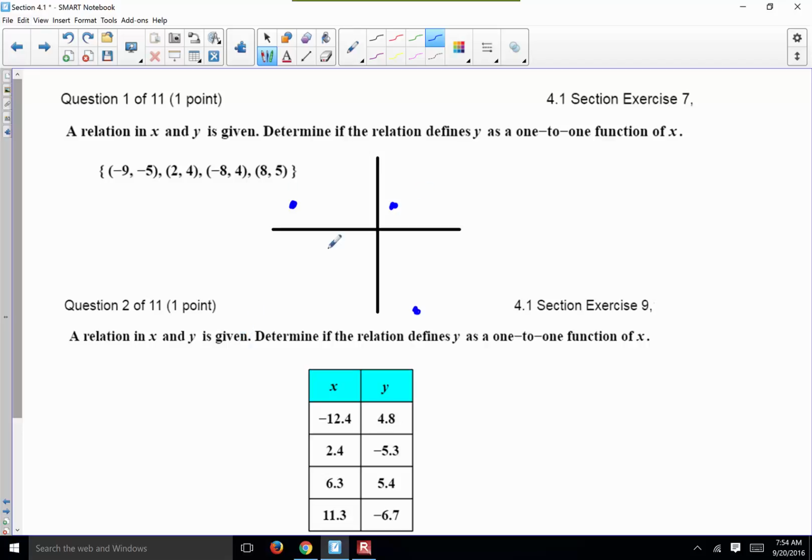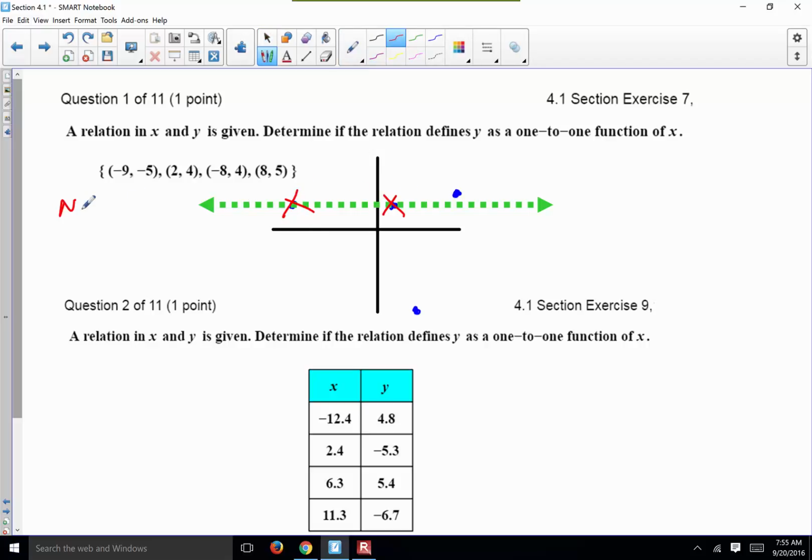No, 8, 5 is not there. 8 is here. 5 is there. Does this thing look like one-to-one? Why? Yeah, 2, 4 and -8, 4 are both on the same line. There we go. Violation.